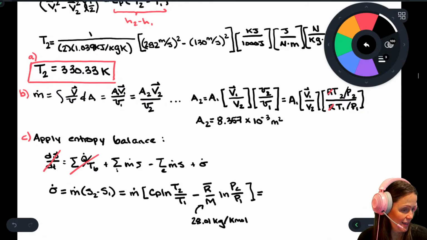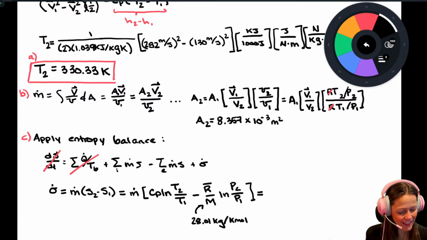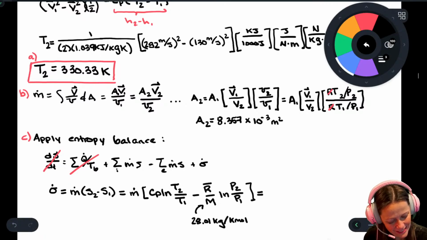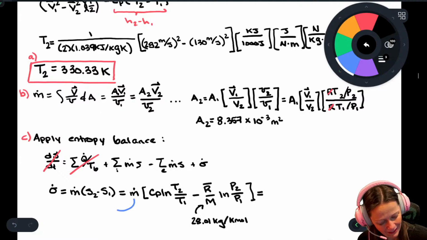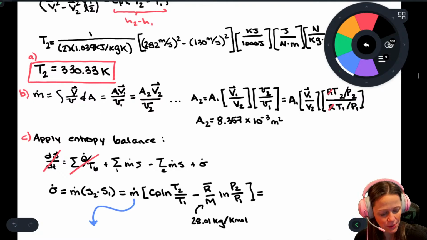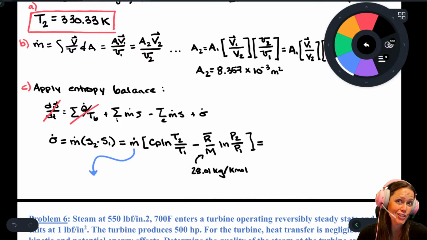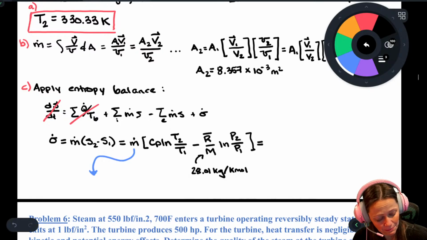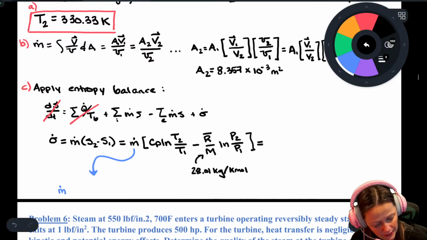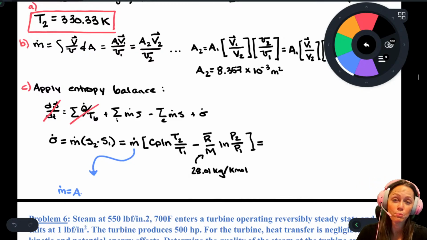Okay, I think I have every single thing that I need, but I just noticed that I don't actually have this m dot. But that's okay. If you look up at part B, I actually already defined it. So m dot is equal to, we'll go with the properties at state one.